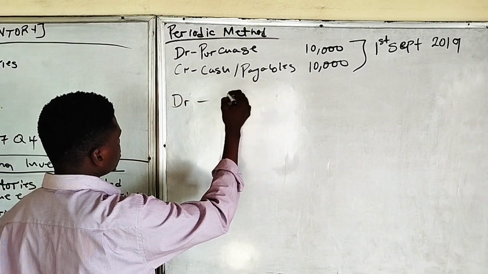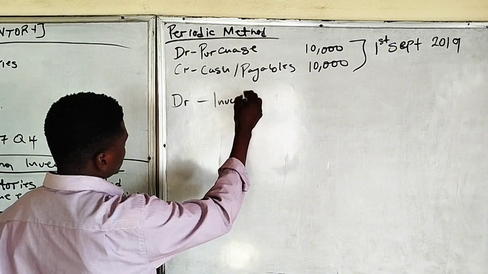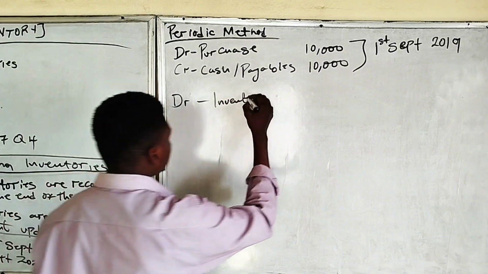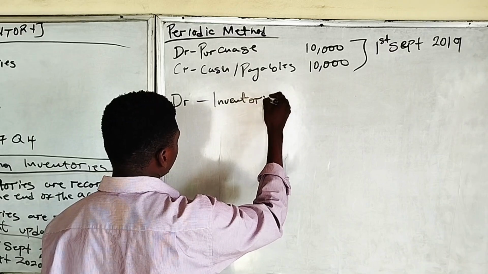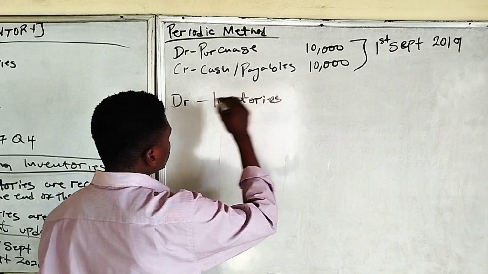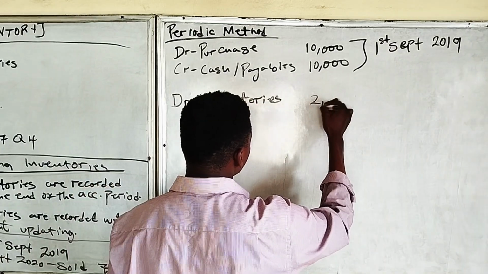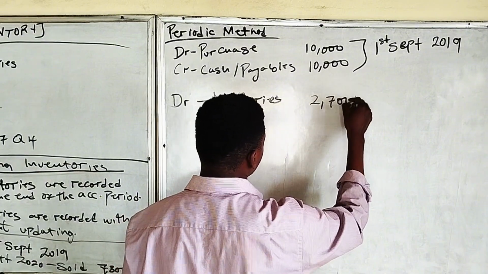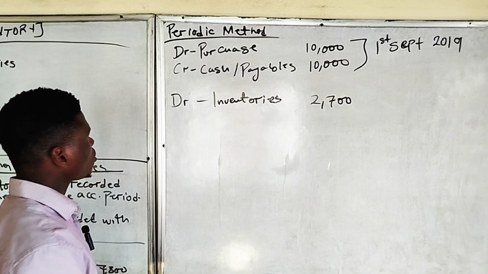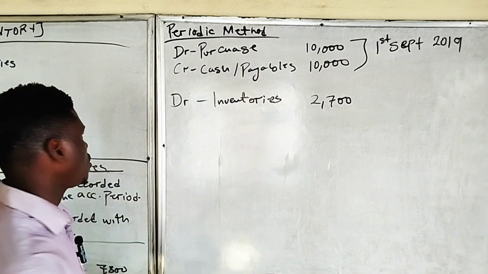Inventory is an asset, don't forget. It's a current asset. We have 2,700, so we recognize inventory of 2,700.